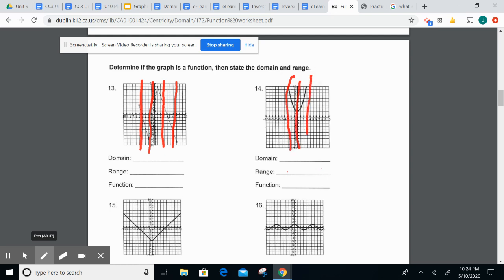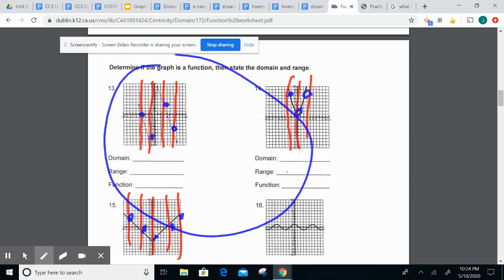You're never going to hit 2 points at the same time. And when I say points, I mean this right here. Our line or our curve is made up of points. So here you're only hitting 1. Only hitting 1. Only hitting 1. You'll only hit 1 at all points where you draw a line or drag your pencil across. And same thing here. So these are all functions.